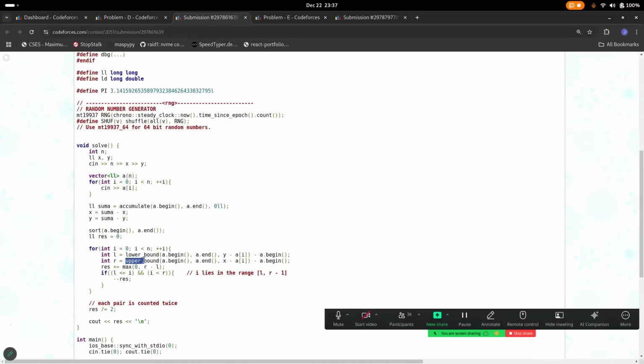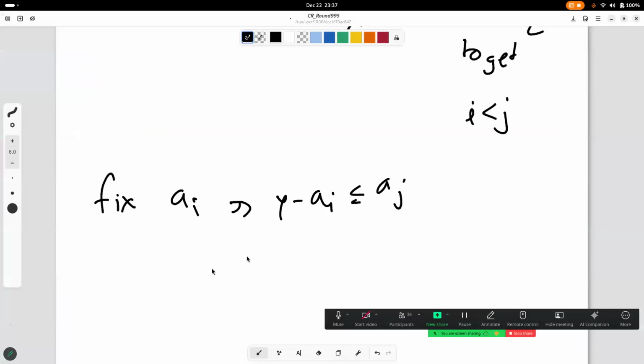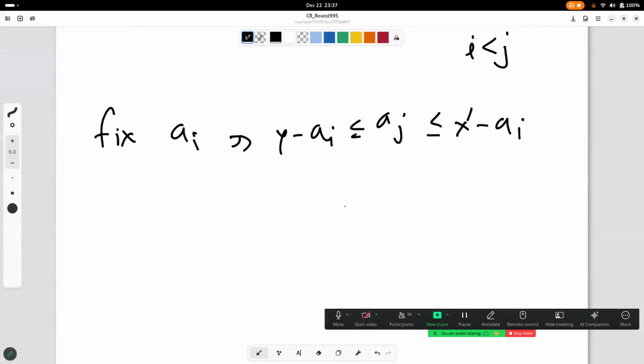Now, what does r indicate? Well, r indicates the first element which is strictly greater than x dash minus a of i. So a of j has to be less than or equal to x dash minus a of i, and if you take the first element which is strictly greater than x dash minus a of i, you're basically getting r.